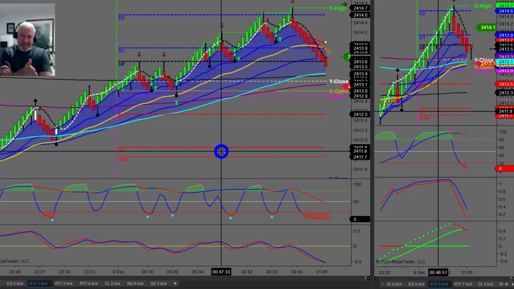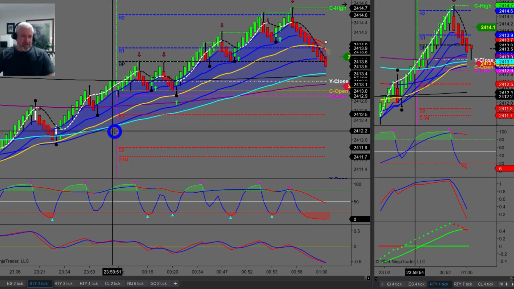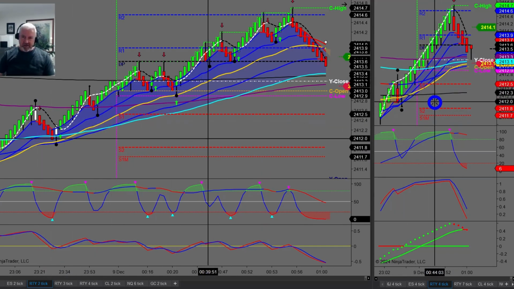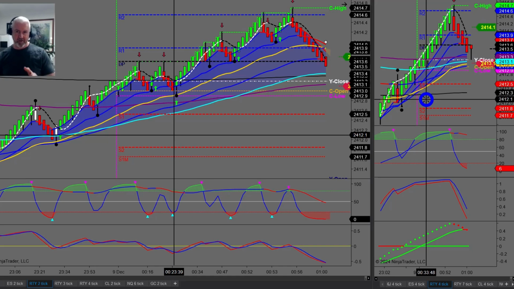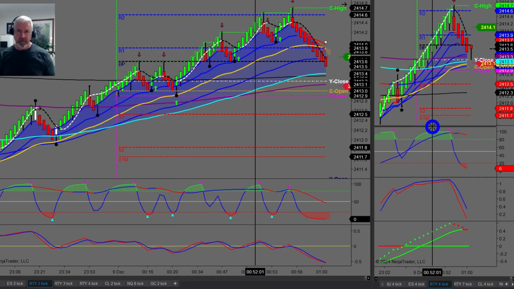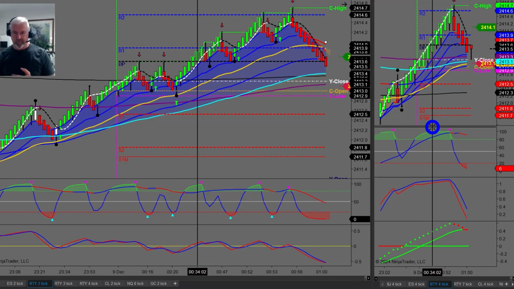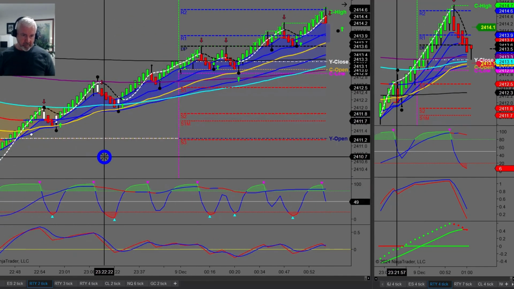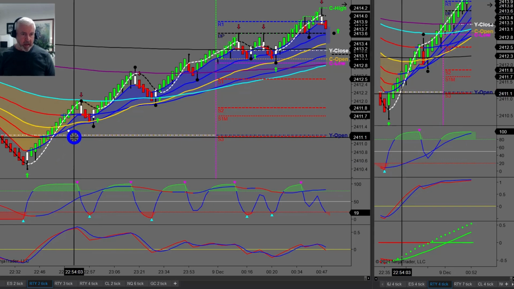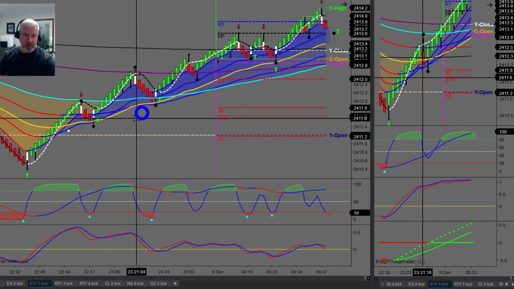I want you to consider the logic here, traders. We're looking for the retracements and the continuation in the direction of momentum. In real estate, it's location, location, location. With what we're doing here, it's momentum, momentum, momentum. It's about really waiting for these retracements. Now, how did you actually know to enter these?